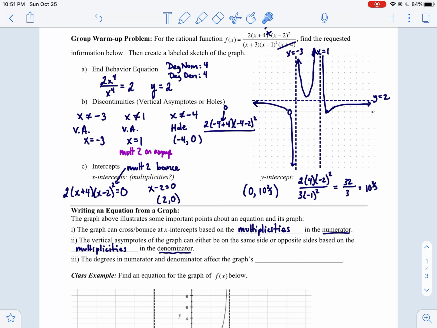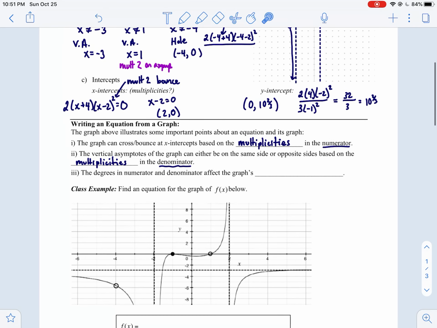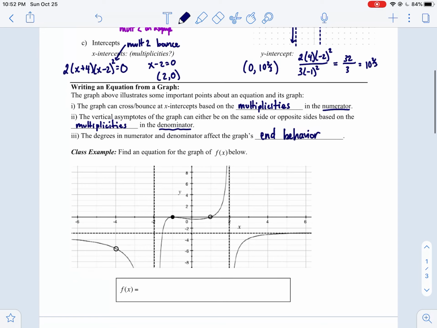Okay, if the multiplicity is odd, they're going to go opposite directions around that asymptote. So that's another key thing to look out for. And of course, the degrees in the numerator and denominator affect the graph's end behavior, right? So we know that looking at the end behavior is based on the degrees of the top and the bottom. All right, so all that to take a look here at what we've got going on.